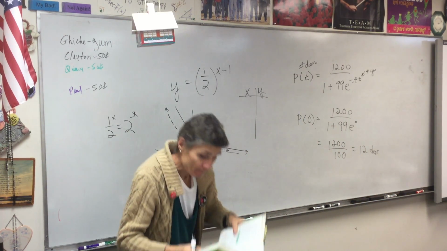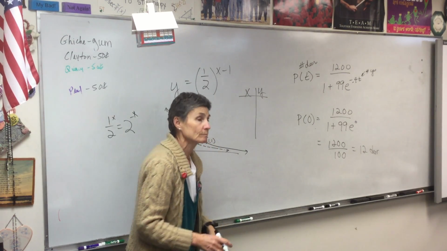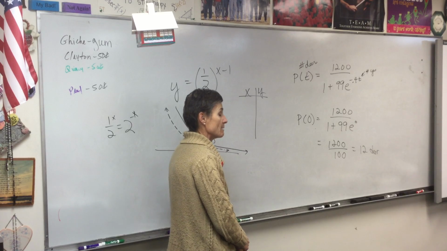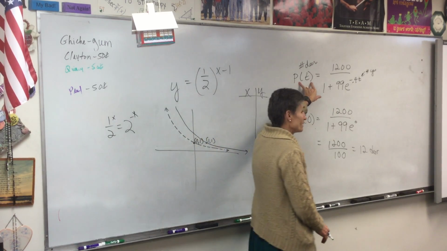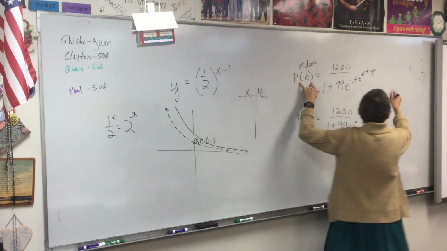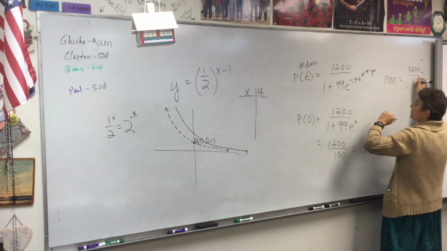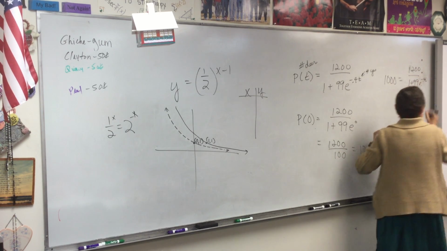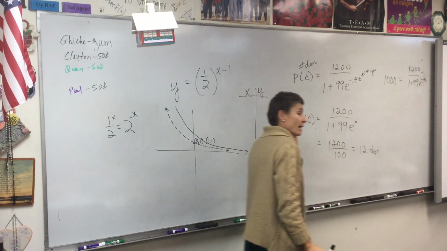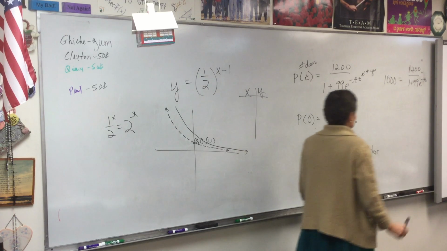All right, second, when will there be 1,000 deer? What will I do? Same equation, when will there be 1,000? Plug 1,000 in right here. So I have 1,000 equals 1,200 over 1 plus 99 e to the negative 0.4 t. All right, how do I solve that? Cross multiply and distribute.